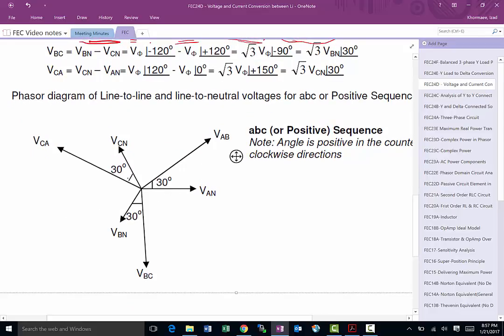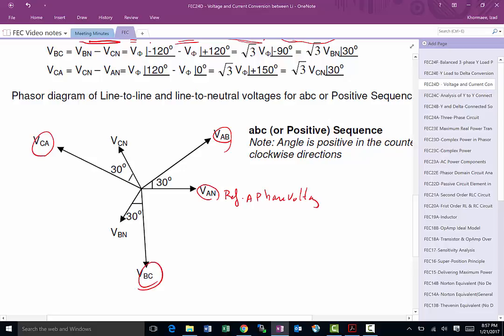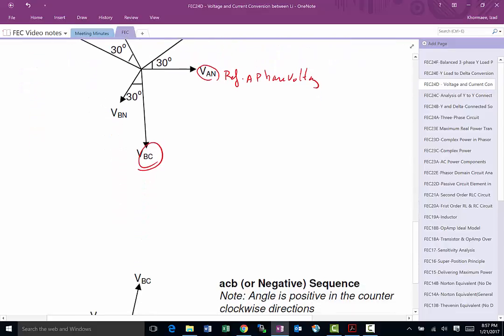VAN is the reference A phase voltage, and these are the line voltages for different lines. And again, remember that as we discussed, line current and phase current are the same thing in the Y connected.